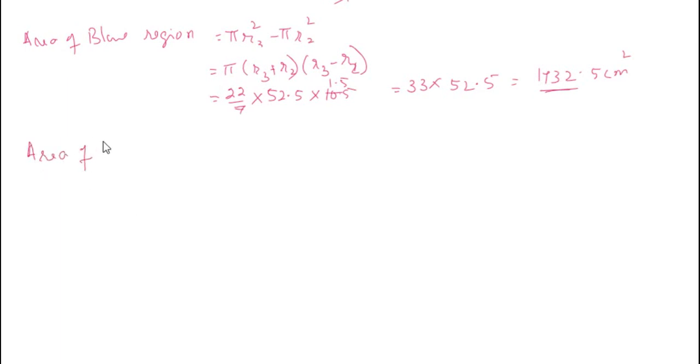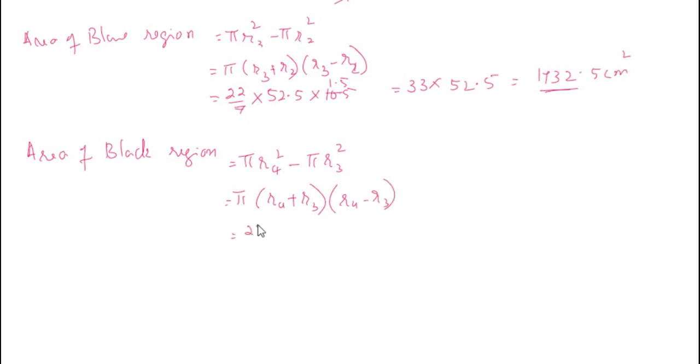Area of black region, that is equal to pi into r4 square minus pi into r3 square. So this can be written as pi into r4 plus r3 into r4 minus r3, that is 22 divided by 7. R4 plus R3.